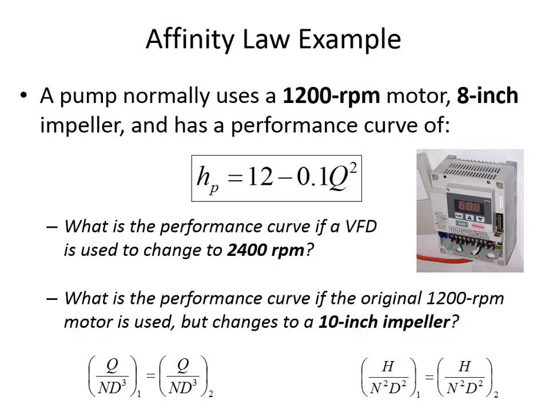All right. We're going to have to use both of these equations to find out what the new performance curve looks like. And so the first analogy is Q1 over N1 is equal to Q2 divided by N2.